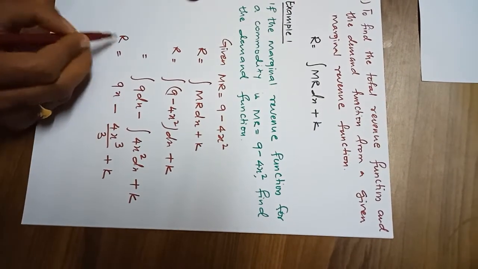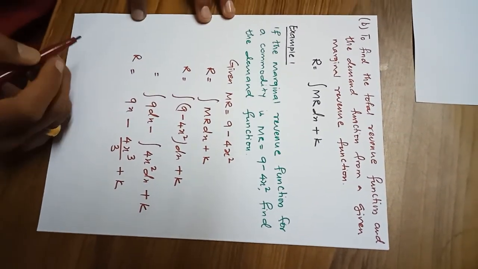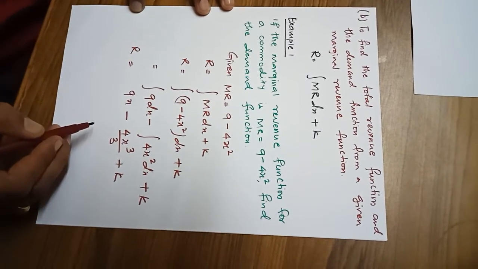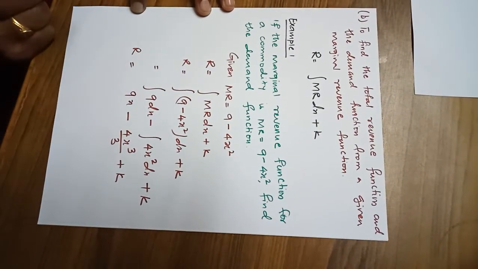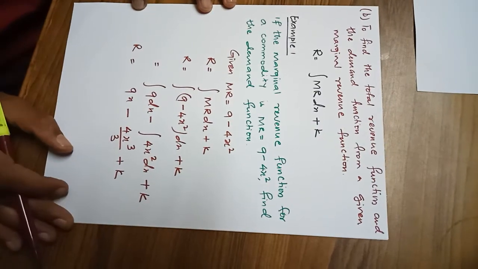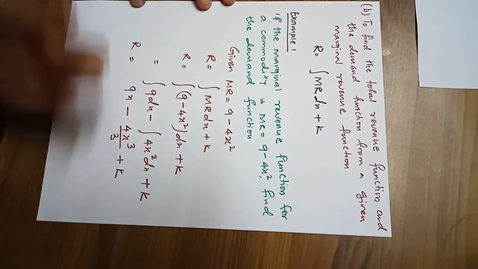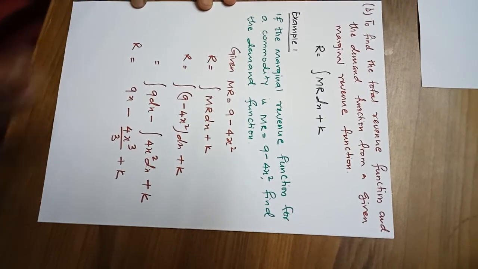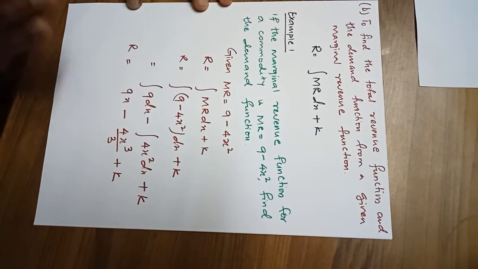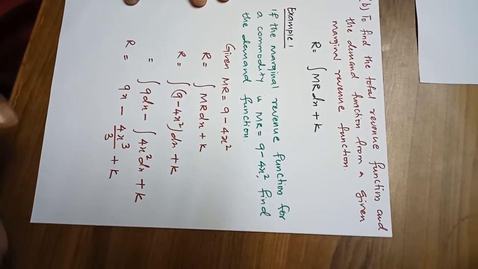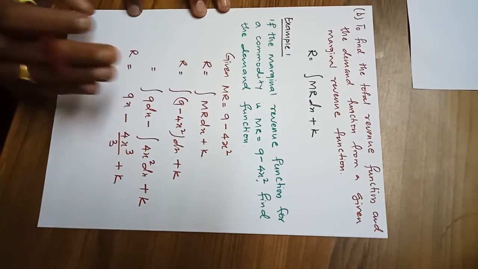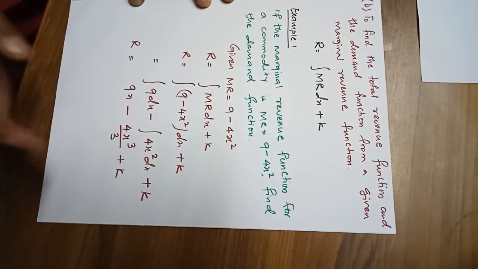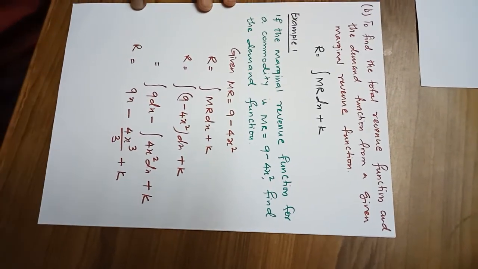So now you got R. Before you find the demand function, you need to know: if nothing is given in the question, or if there is no fixed cost, and nothing is given for you, you should not take x equal to 0 when a fixed cost is given. But if nothing is given in the question, then you directly take R equal to 0 and x equal to 0 to find the value of k.